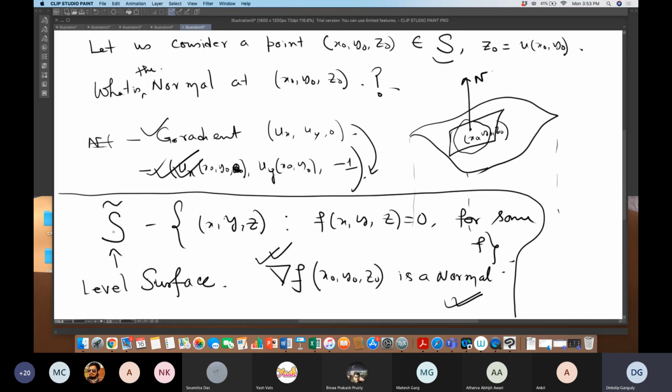Can you now do this for S? As someone said, you can. What is S? In our case, S is the set of x, y, z such that z equals u of x, y. You can write this as a level surface. How?